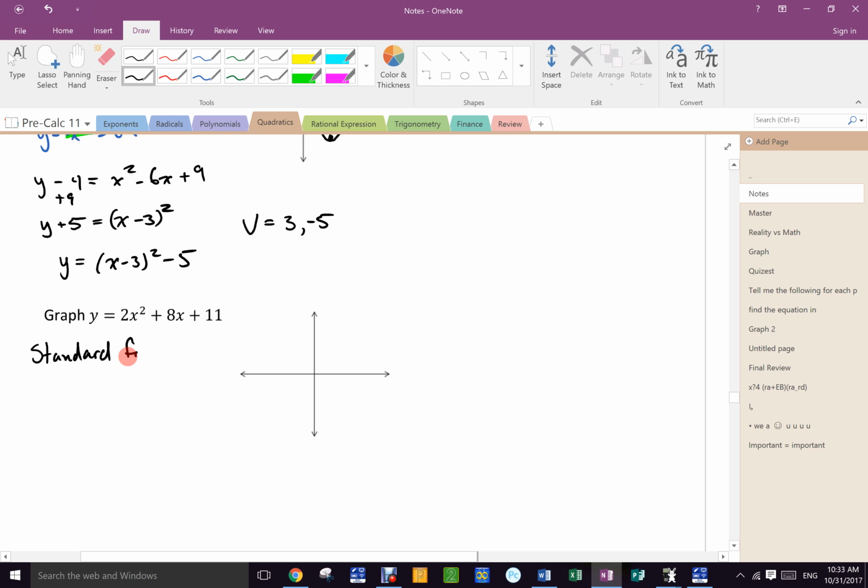Standard form has a shortcut to the vertex x coordinate. Okay? Vx. That's the x coordinate of the vertex.